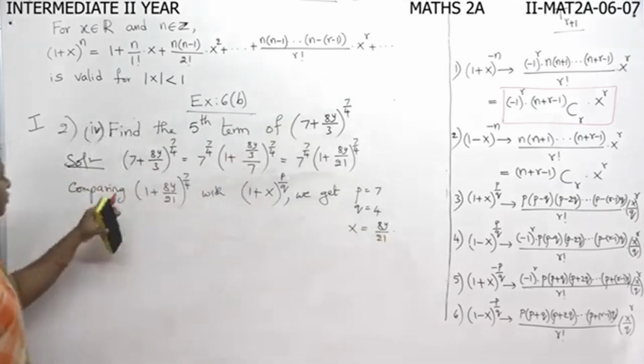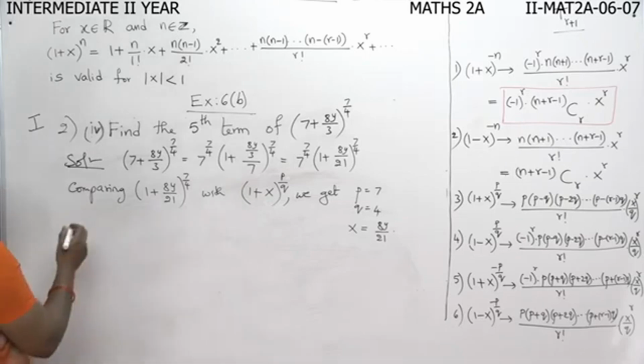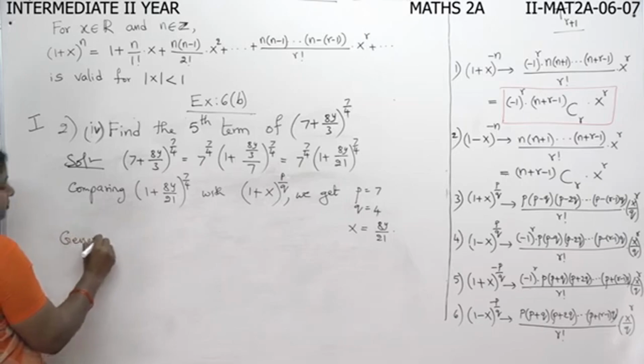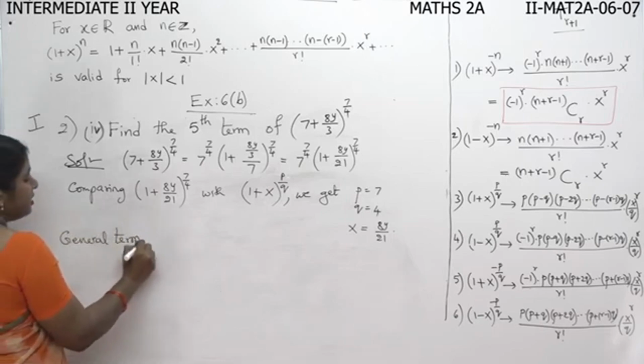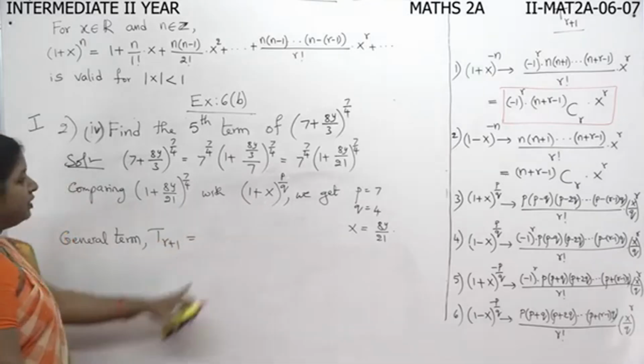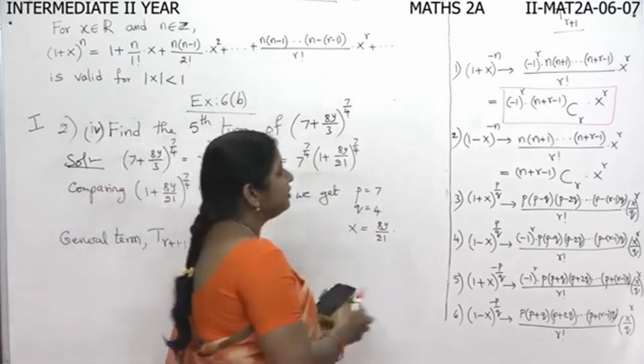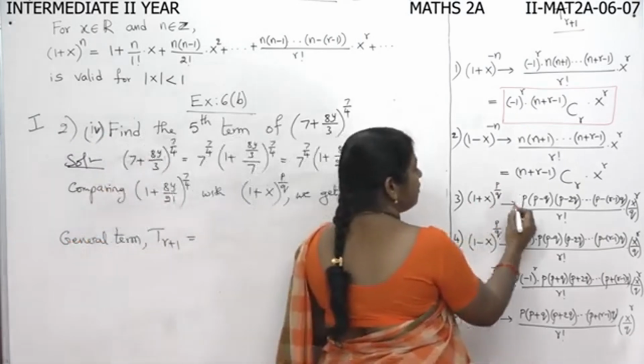So to find the fifth term, we must know the general term of this expansion. So the general term T(r+1) is equal to, look, the general term of (1 + x)^(p/q).